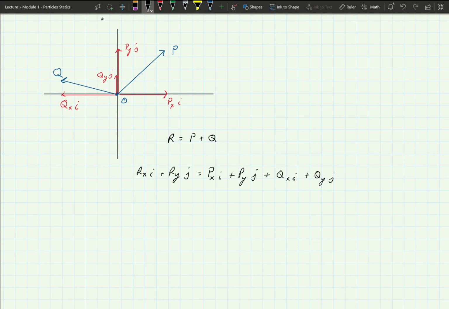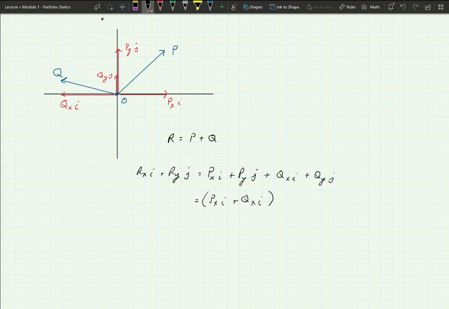Now, just as in all things algebra, we want to bring the x's to one set and the y's to the other. In this case, we're going to bring all the i's and the j's together. So I'm going to rewrite this as Px i plus Qx i, and we're going to group that.